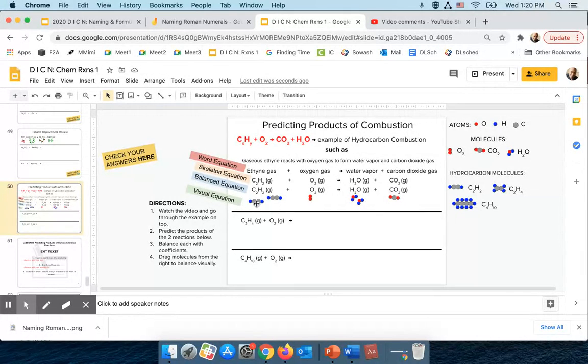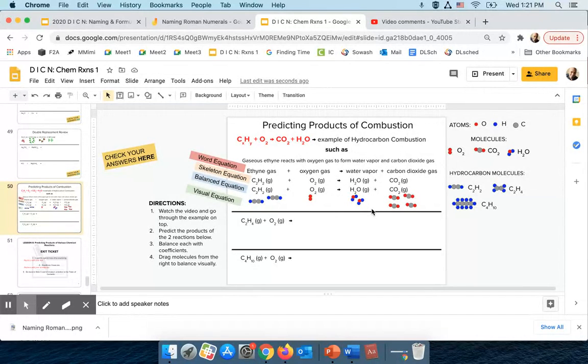However, that changed the carbon to 4, so the gray ones are carbon, but I only have 1 in CO2 on the right side, so I'm going to need more CO2. Let's add some more CO2 to make it that I have 4 carbon on each side. So that gives me 4 gray ones here, 4 gray ones here, blue, 4 and 4, that's good.